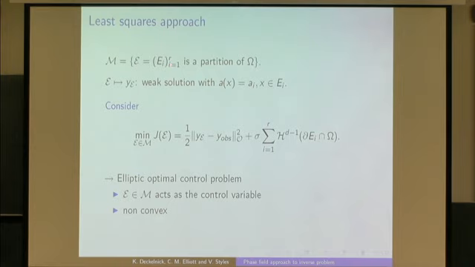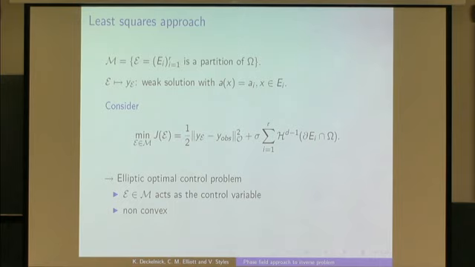And then you can look at the mismatch between the solution and the observed data, and you can try to minimize this. Since we know that the problem is ill-posed, typically in these kinds of methods, one regularizes the problem, and for these types of problems, perimeter regularization is very popular. So one adds, sigma is a positive constant, one adds these sums of the boundaries of the sets E_i, and by this term you regularize the problem.